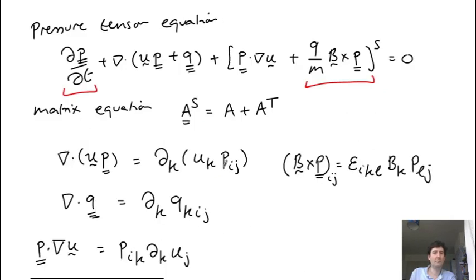So we're going to take this equation here, which is the equation for the pressure tensor, and take the double dot product with BB to work out the parallel pressure, and the double dot with the identity minus BB to work out the perpendicular pressure.